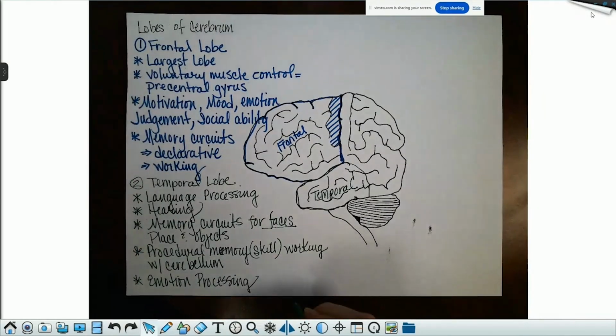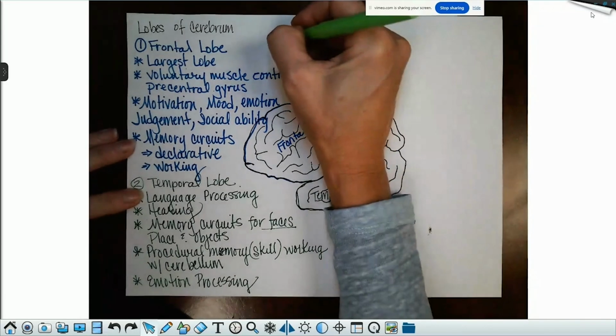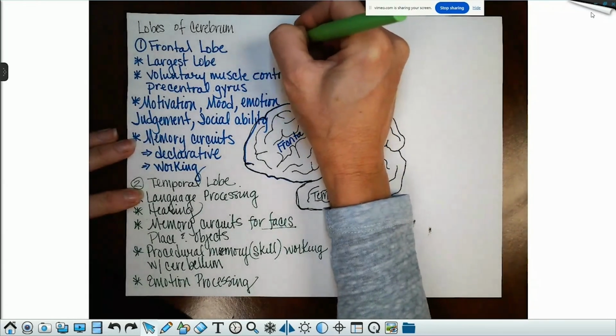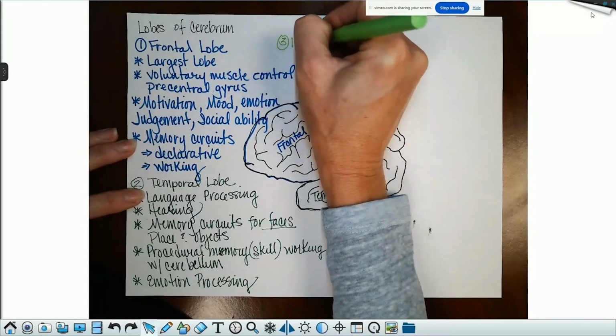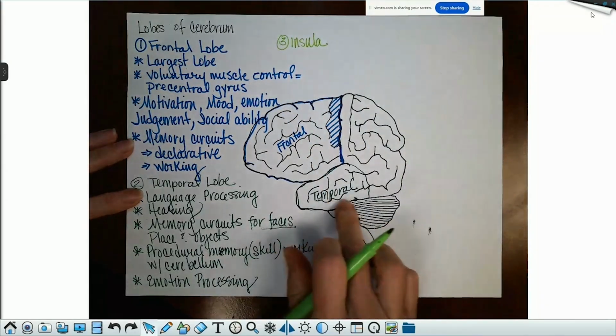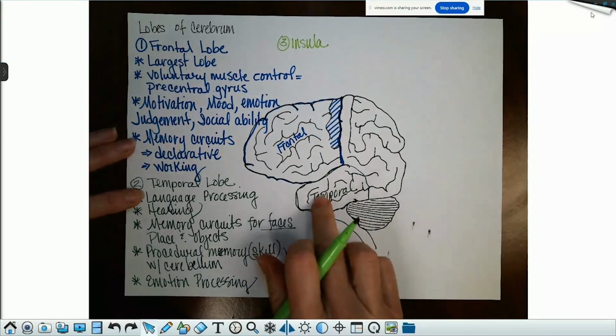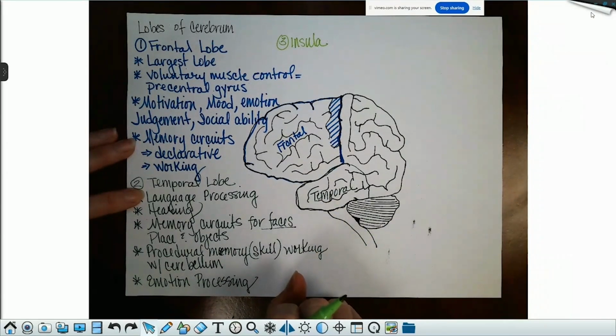because it is close to the structures that are involved in the limbic system and the next area that I'm going to talk about. So this next area is called the insula, and it's not something that we can see on this lateral view. We would literally have to take off the temporal lobe and peer inside in order to see the insula.